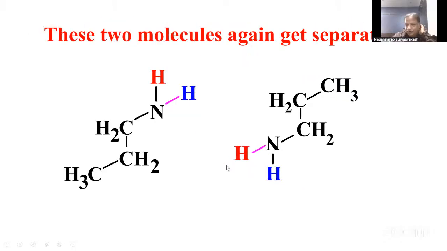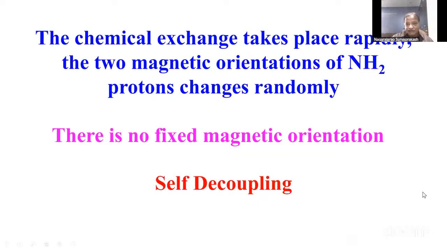This is what is called chemical exchange. And finally, 2 molecules again get separated. That is not final. It keeps coming and going, keeps on happening forever. As a consequence, in NMR jargon, we call it self-decoupling. So NH2 will not be seen as coupled to CH2. Are you okay with me?